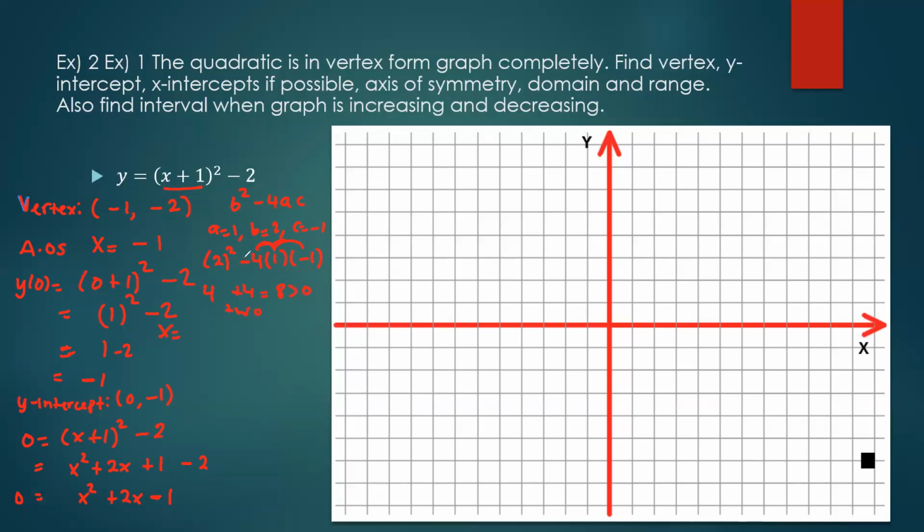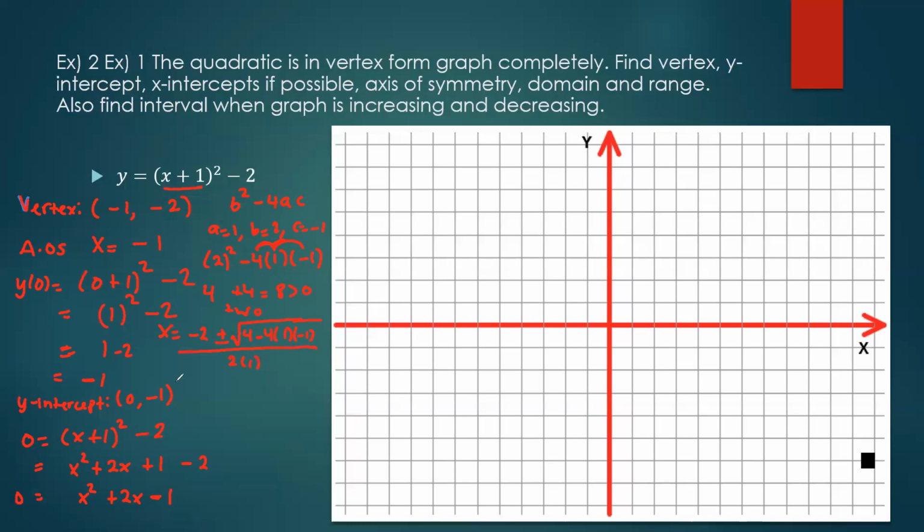So x equals the opposite of b, which is -2, plus or minus the root of b squared, which is 4, minus 4 times a times c, where a is 1 and c is -1, all over 2 times 1.